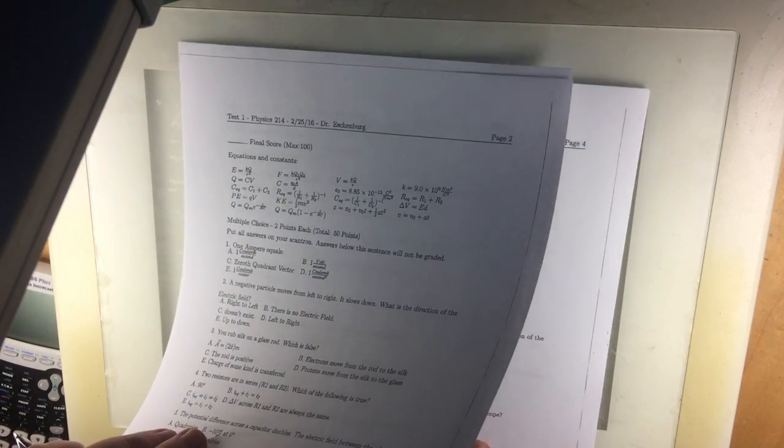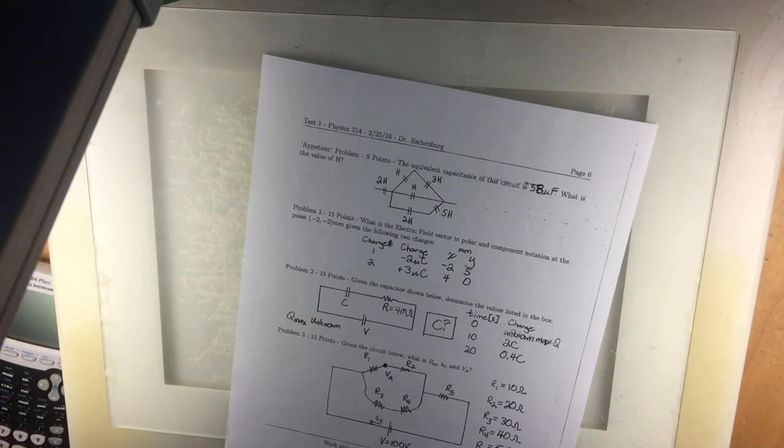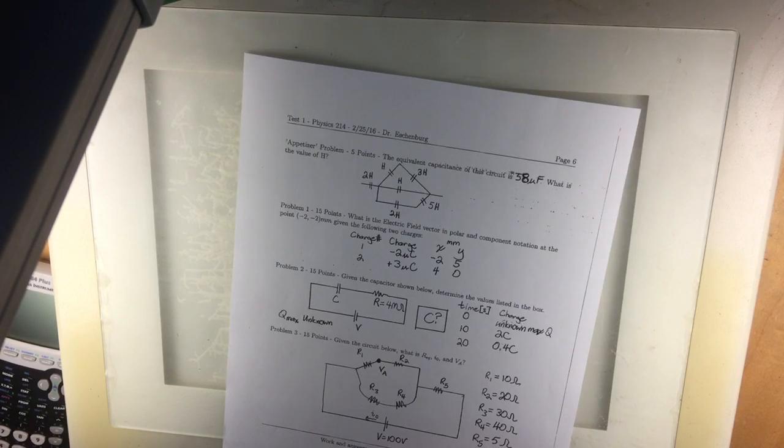Standard boilerplate info. This version is, let me see if I can find it. I think it's the first one in the file. Trying to think what I end up figuring out. I want to say it's maybe the voltage of the battery.